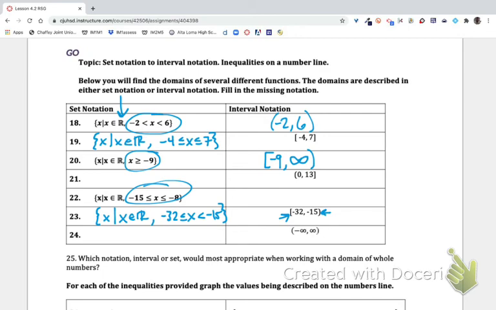So the real numbers, the rational numbers, the whole numbers, the integers. So for number 25, think about the fact that I can do a whole lot just by clarifying in here. I can't clarify, hey, it's going from negative infinity to positive infinity, but we're only using the integers. Something to consider as you answer number 25.